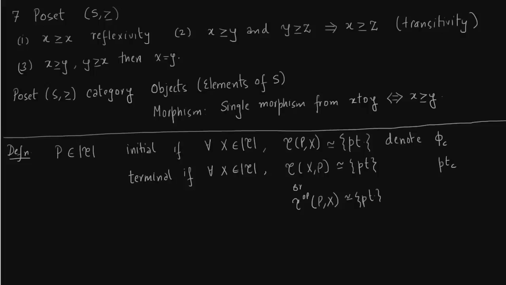Another important definition: an object which is both initial and terminal is called the zero object, and it is denoted by 0.